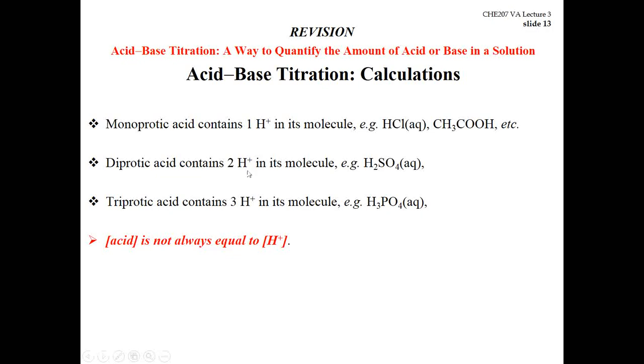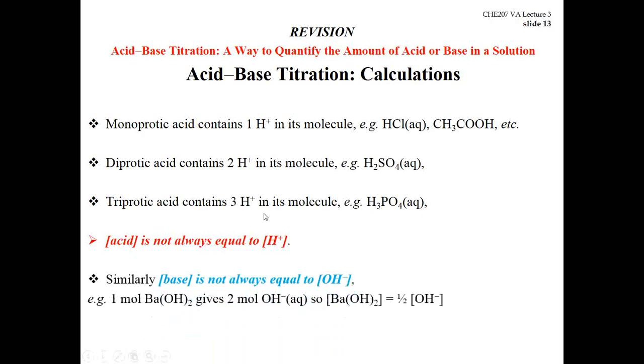The concentration of acid is not the same as the concentration of H+. Triprotic acid, 1 mole of acid, 3 moles of H+, so the concentration of acid is not equal to the concentration of H+. Similarly, the concentration of the base is not always equal to the concentration of OH-.